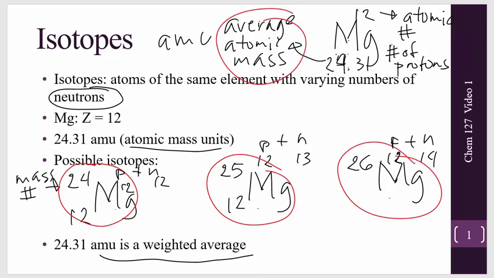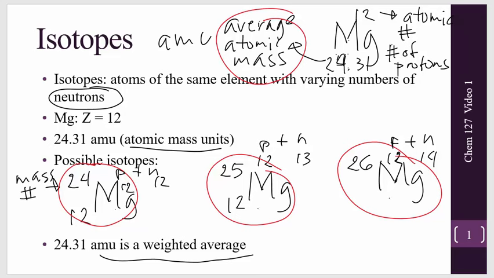How we could symbolize this is to use sigma, which means sum: the abundance in decimal form times the mass of that particular isotope, and then this product would be added for each of the different possible isotopes. So let's do a practice problem here.